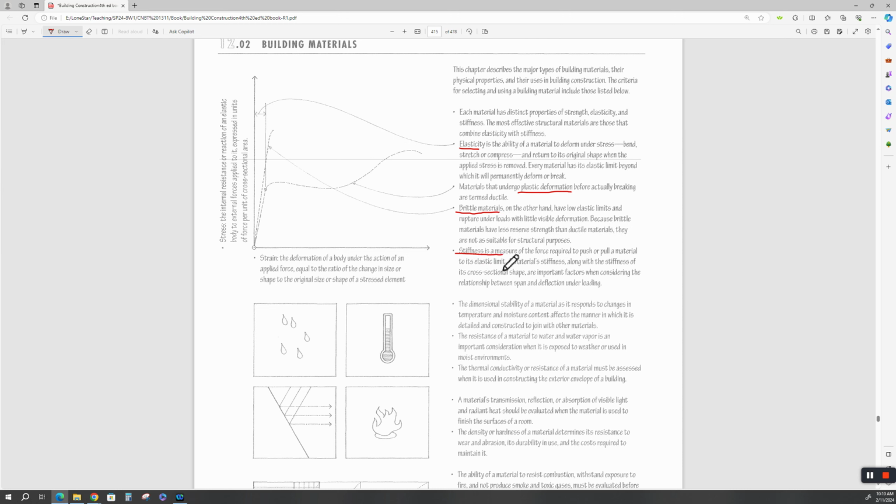Stiffness is a measure of the force required to push or pull a material to its elastic limit. That's the stiffness. How stiff is it? How does it resist being pushed into this elastic zone and then allow it to come back?